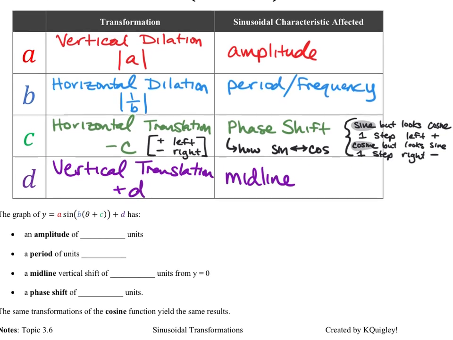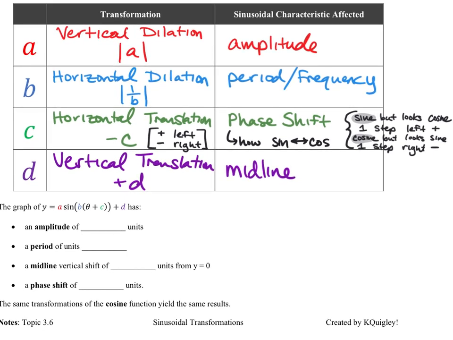So if I ask you for information about the amplitude, the period, the midline, the phase shift of different transformed functions, all you have to do is know these formulas.